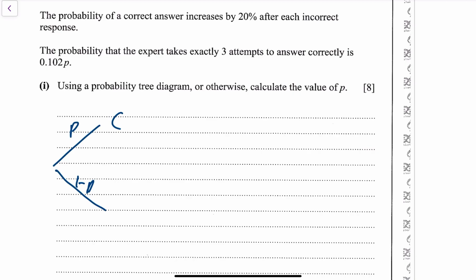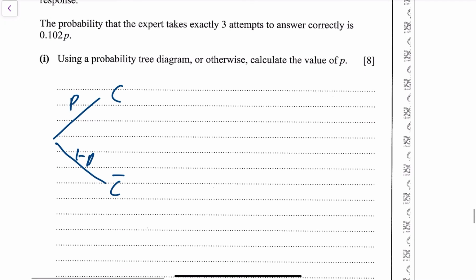Then here, if after each incorrect answer the probability of him getting it correct increases by 1.2, so that's going to be 1.2 times p for him to get it correct.